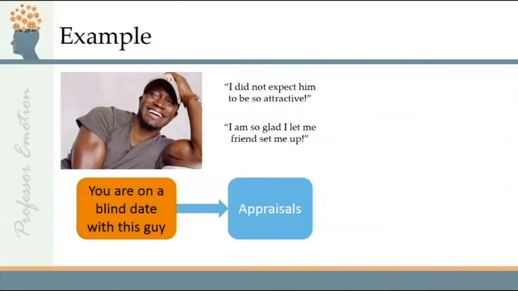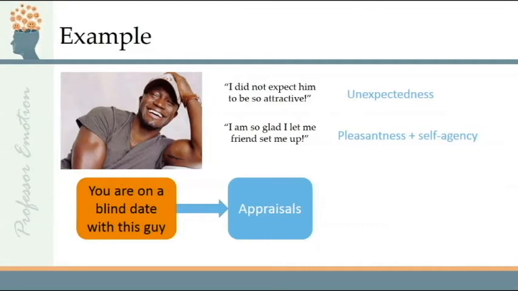So let's deconstruct this example. Okay, you're on a blind date. The first person thinks about how they didn't expect him to be attractive and they're glad their friend set them up. Here we have appraisals of unexpectedness. They didn't expect him to be so attractive. That's pleasant. And you'll notice some agency in here. I am glad I let my friend set me up.